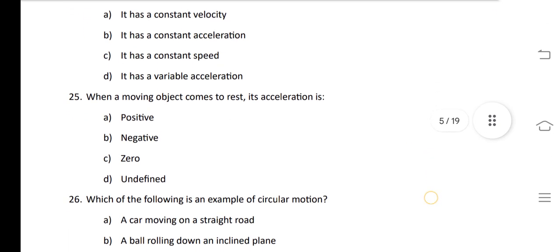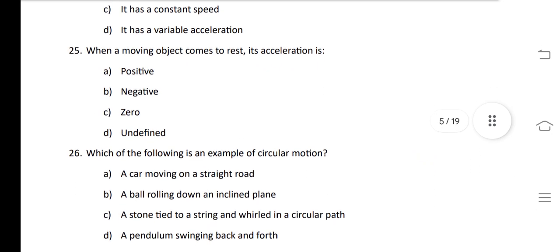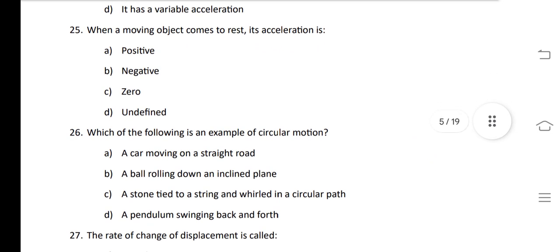Option number B is correct. In the next question, when a moving object comes to rest, its acceleration will be negative. This is the case of retardation.